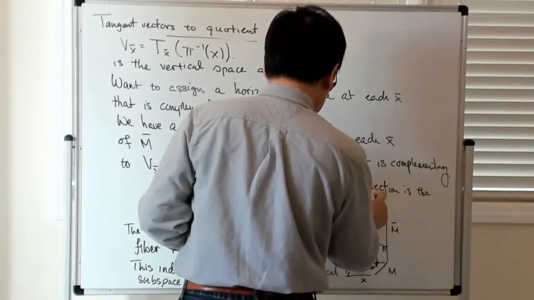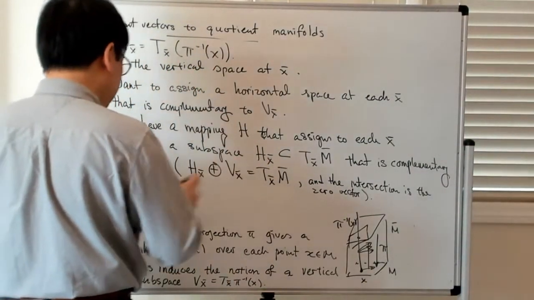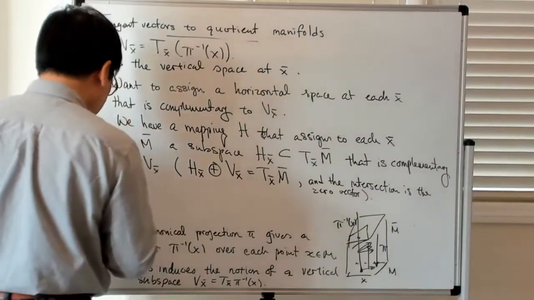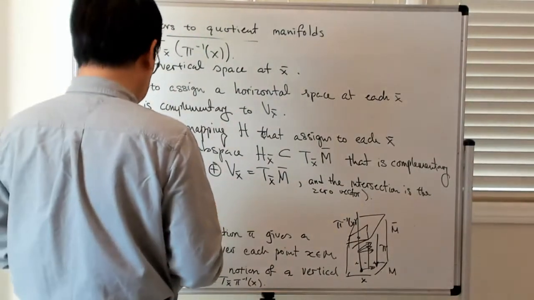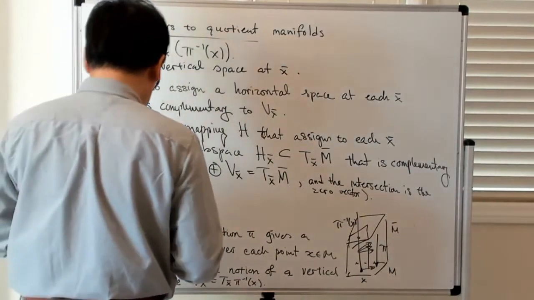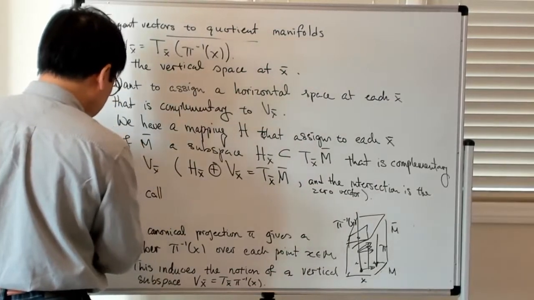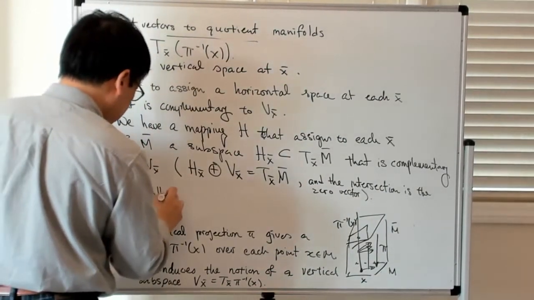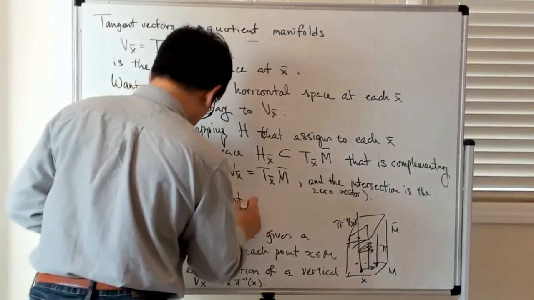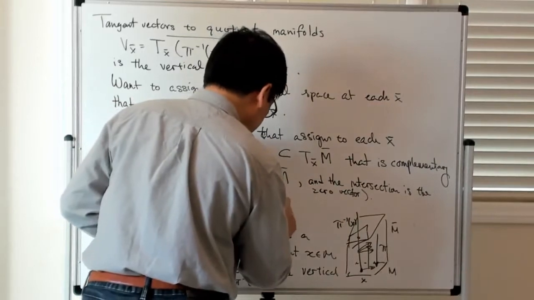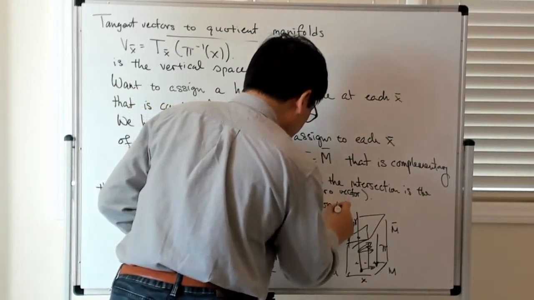This choice of mapping is called a horizontal distribution on M bar.